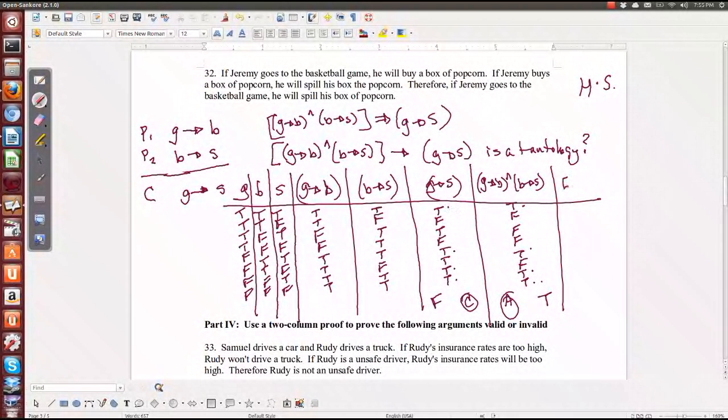So when I do bracket conditional B conditional S, I find that all of these end up being true. And this statement is a tautology. And so this is valid.